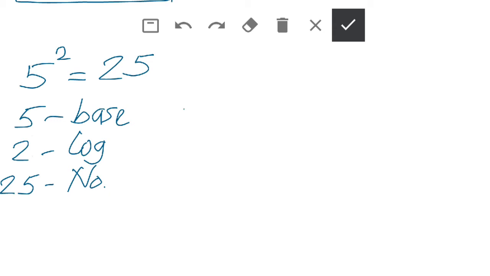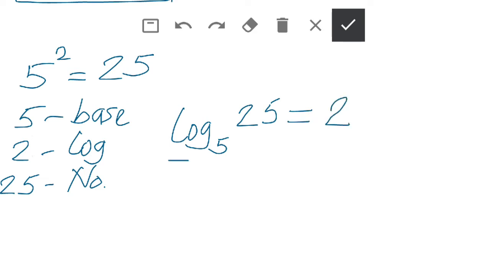So if you want to write this in logarithmic notation, we shall write log, then we start with the base, which is 5, followed by the number, 25, and that will give us 2.